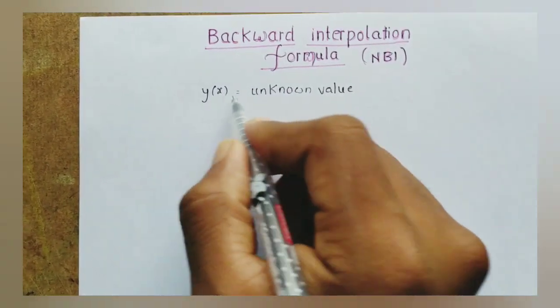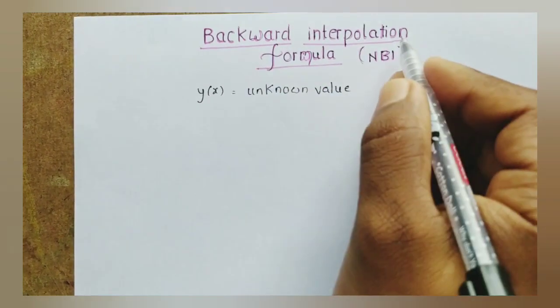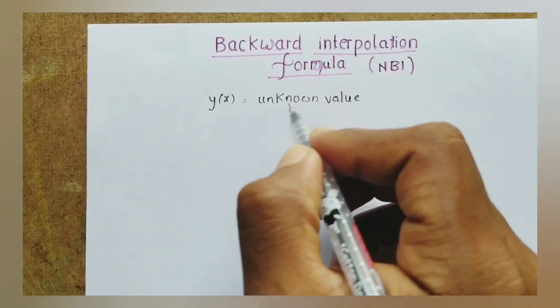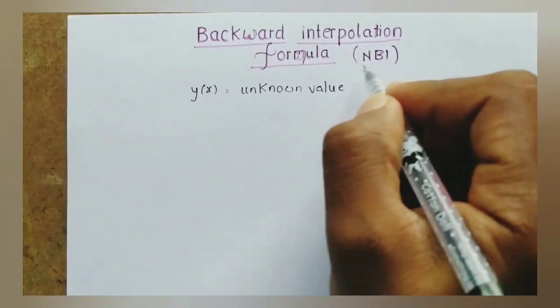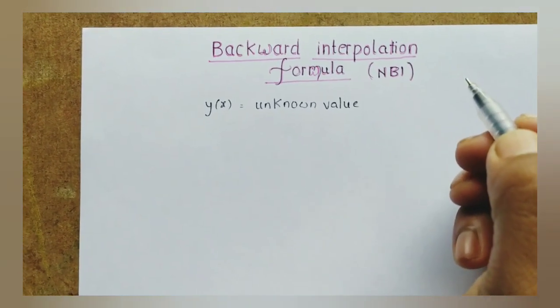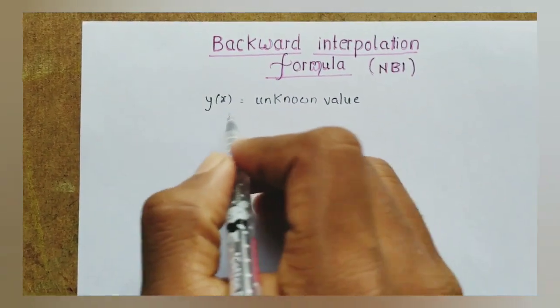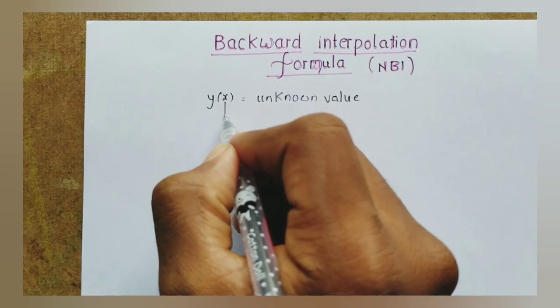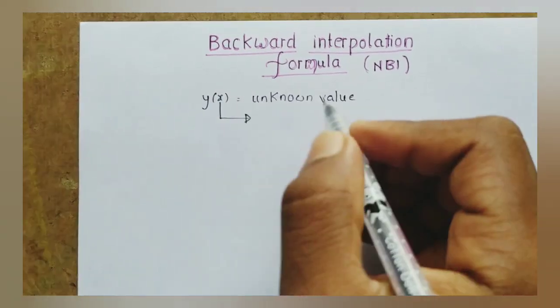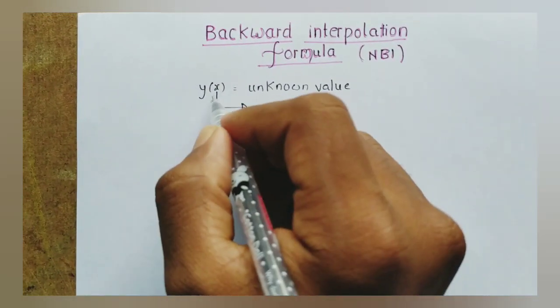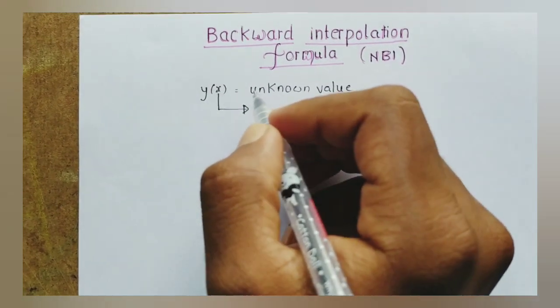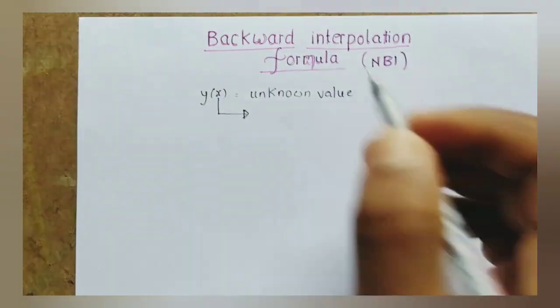Here, for finding y of x by using the backward interpolation formula, or Newton's backward interpolation formula, y of x is the value at x. Already we know the value of x is placed at the end of the tabular values.